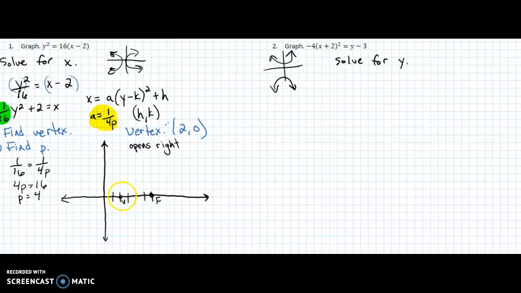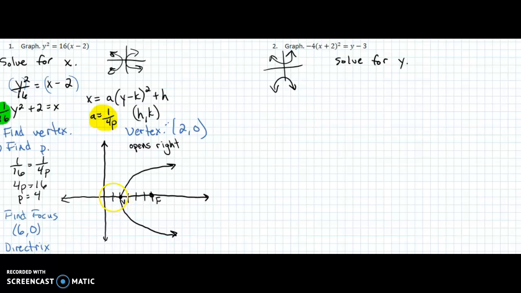And we're just going to sketch these parabolas, so we're not going to have points on them that match. As long as you have the vertex and the focus, that's good enough. So we'll go ahead and say find the focus. It is 1, 2, 3, 4, 5, 6, so 6, 0 in this case. And then the last thing we want to find is the directrix, and we'll talk a little bit about what this focus and directrix are.